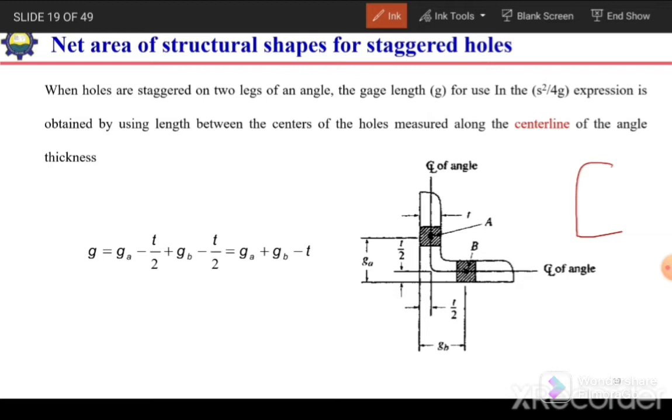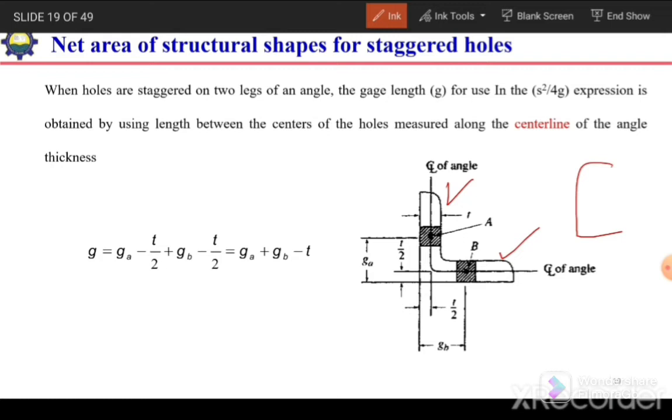And in case of structural shapes, if the holes are not staggered, there may be 2 or 3 cases. The first case is the holes are present only in one leg. Then the procedure to calculate the net area will remain same as previous. And the second case is the holes are present in both legs, but they are not staggered, they are in line. So in that case again the procedure will be similar to the previous one.